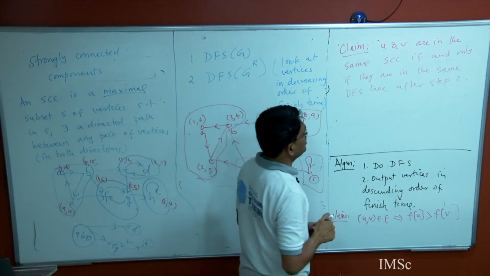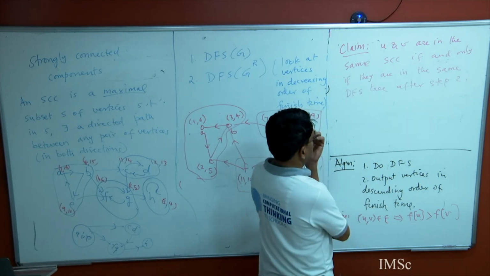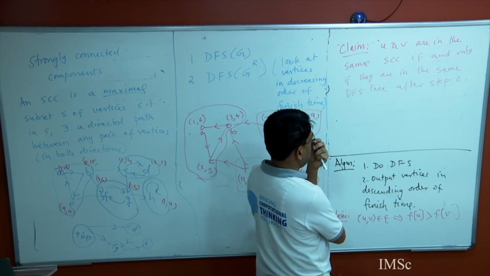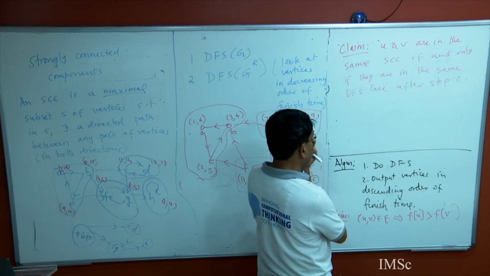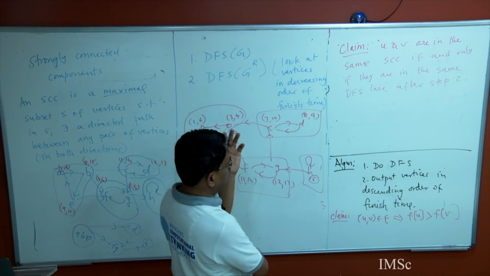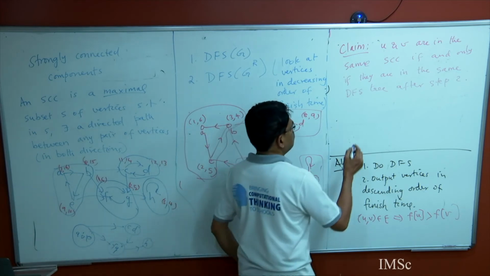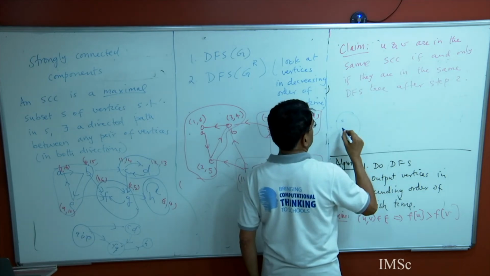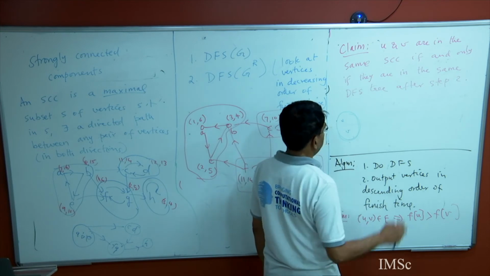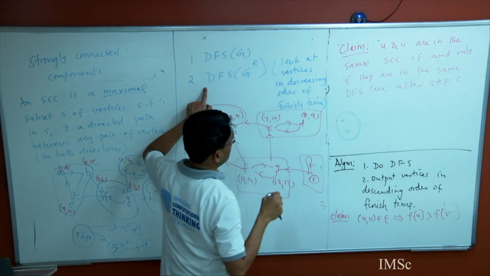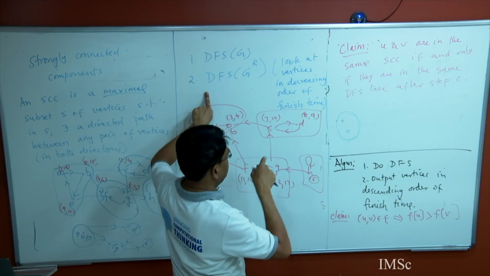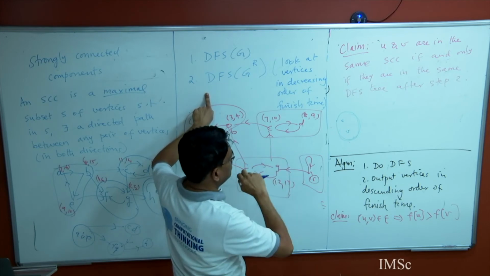So one direction is again easy. Suppose U and V are in some strongly connected component. Now, in your DFS tree here, there must be a root which should be able to explore these two vertices.